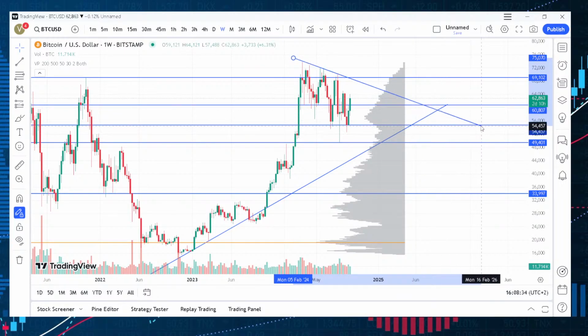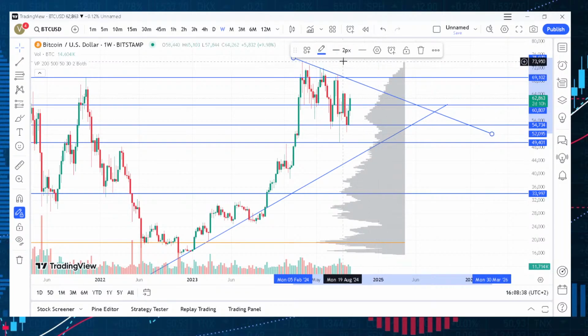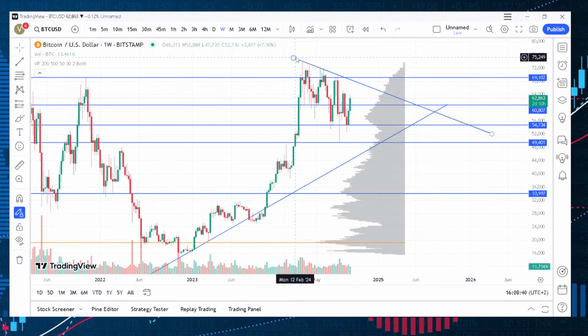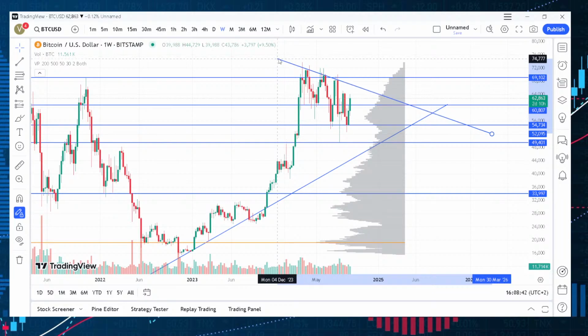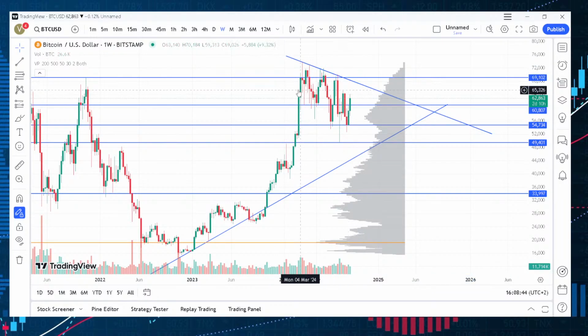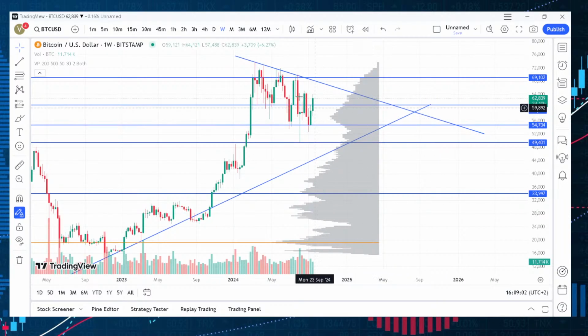But of course, you should be trying to englobe as many touches as possible, first of all. And second, you need to start from the highest point to the lowest point, trying not to go too low, because this would break this trend line here, right? So at that point, that trend line is not worth anything anymore.